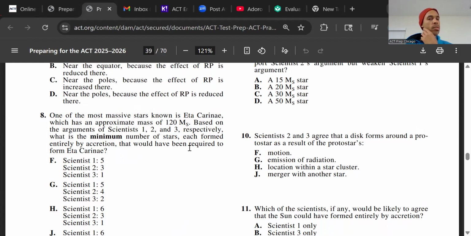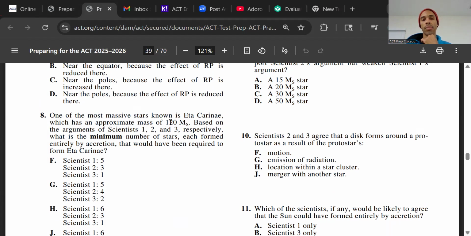For scientist one it will be 6, right? The minimum. Scientist one says that the largest that a protostar could form by accretion was 20 solar masses. So how many times is 20 going to 120?